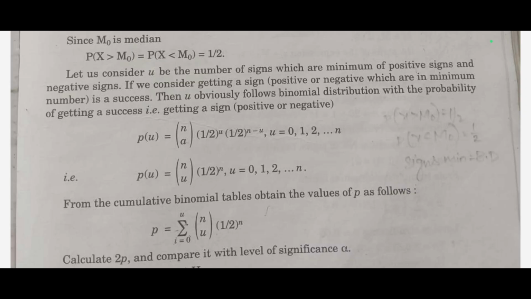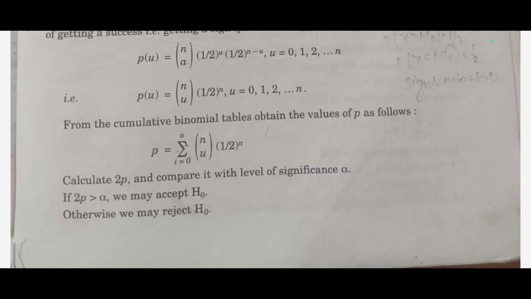This is how we calculate the probability of U by using the cumulative binomial tables. Then calculate 2 times the p-value to compare it with the level of significance. If it is greater than alpha, then we accept; otherwise, we reject the H naught.